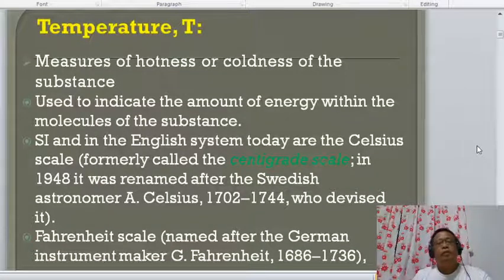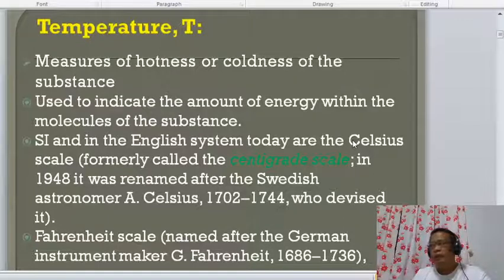Before we go, let us first define what is temperature. Temperature, of course, is a measure of hotness or coldness of a substance or a body. This is used to indicate the amount of energy within the molecules of the substance. The international system of units, or the English system today, uses the Celsius scale.